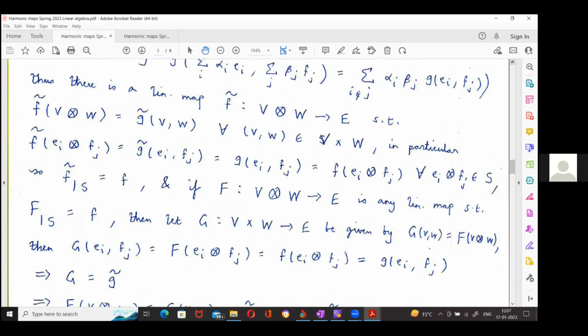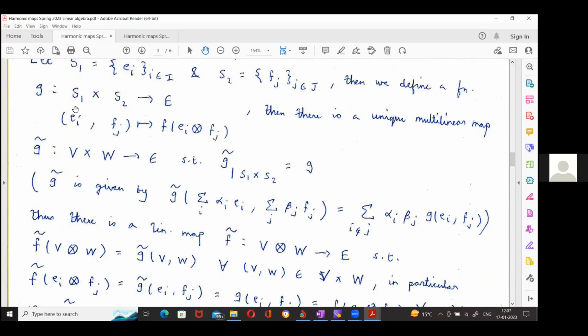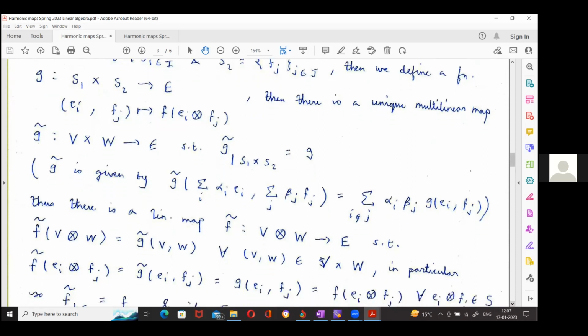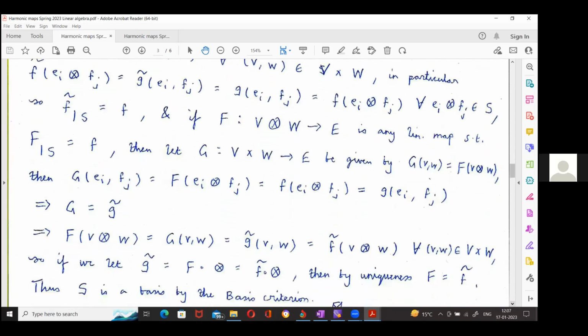Is that clear? So let me just recall for you. Little g was the function on S1 cross S2 sending Ei comma Fj to f of Ei tensor Fj, and G tilde was the unique multilinear extension of g. So if capital G is equal to little g on pairs of basis elements Ei, Fj, then capital G has to equal G tilde, by multilinearity.